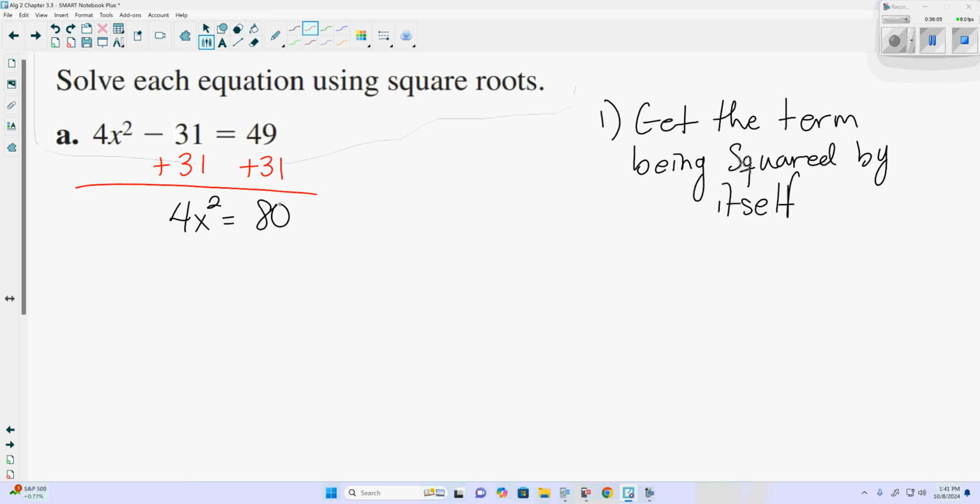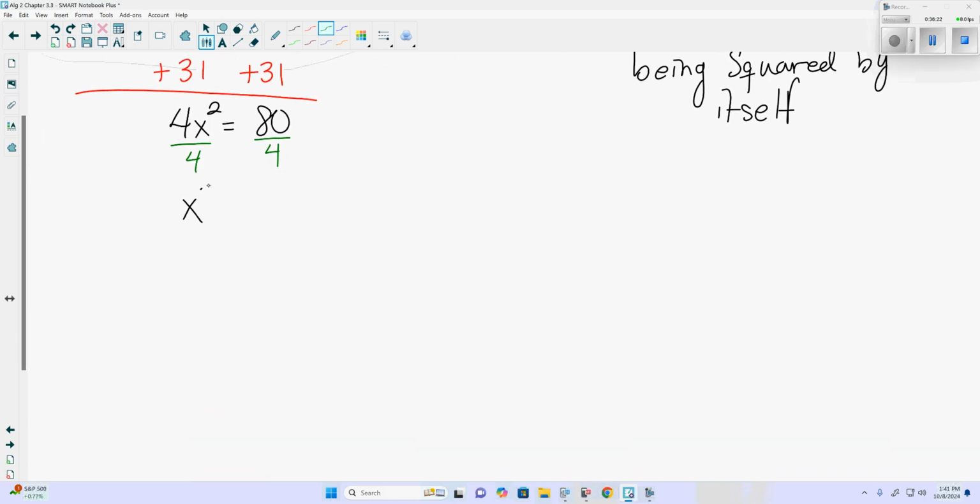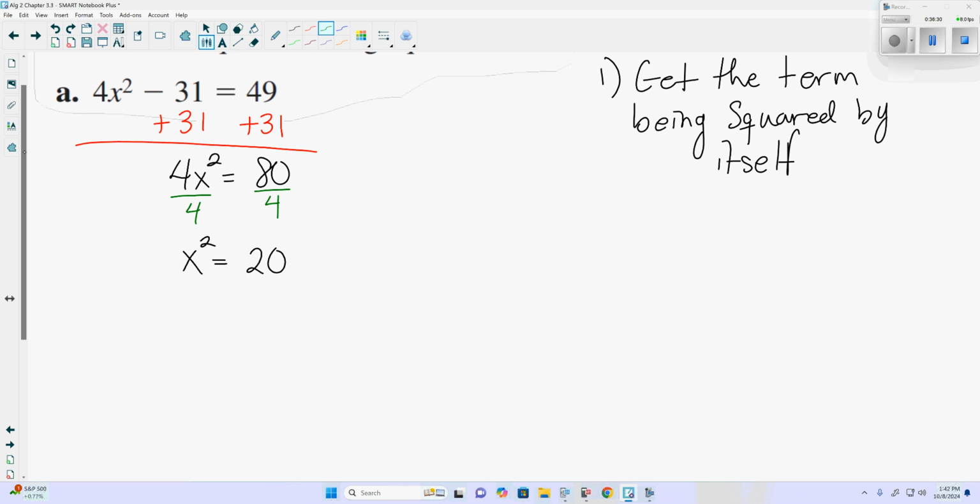Is x squared the term being squared by itself? Well, not quite. What do we have with it? So we need to do what? We need to divide both sides by 4. So what we're left with is x squared is equal to 20.